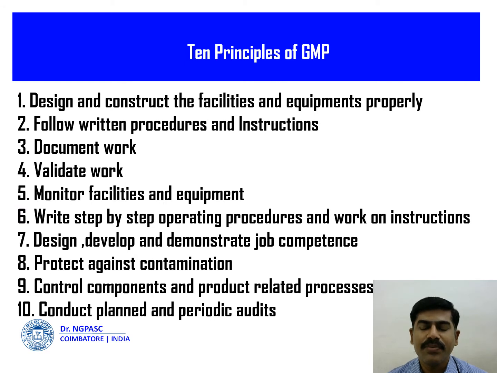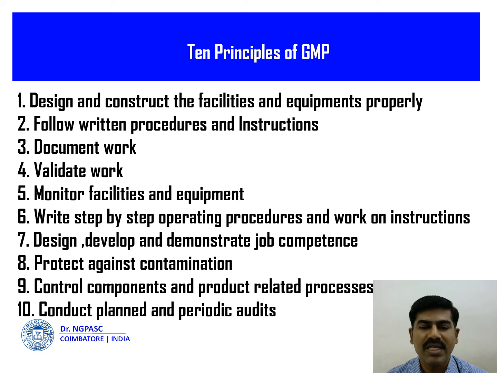So there are 10 principles followed during GMP. What are they? The first one is to design and construct the facilities and equipment properly. It includes the building management systems. The manufacturing facility should possess all the required facilities and fulfill the GMP guidelines. Then follow written procedures and instructions.